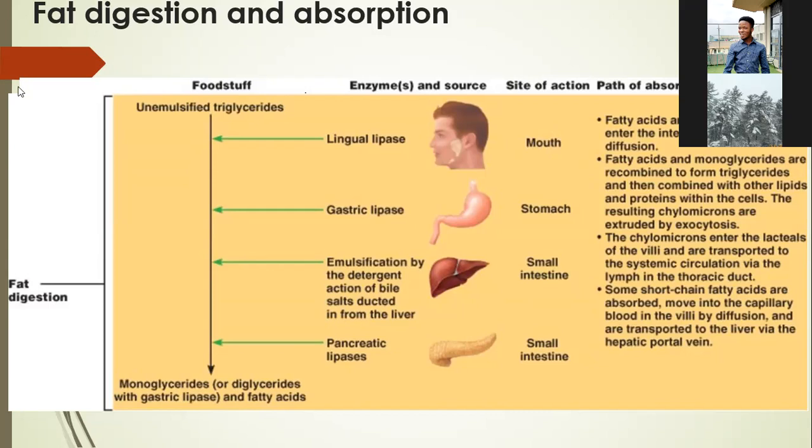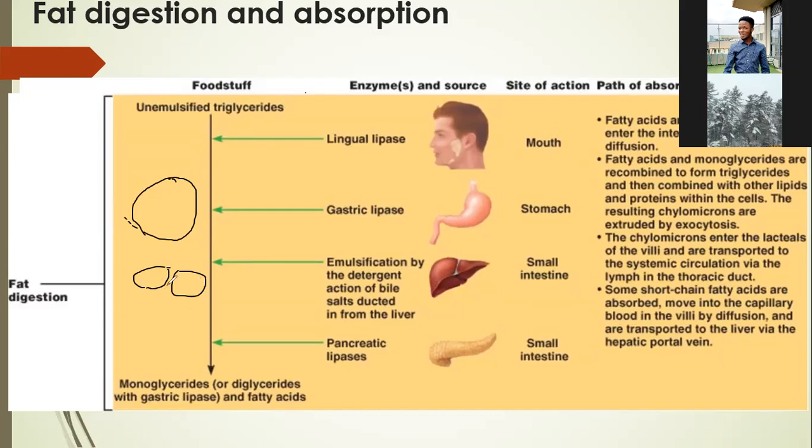To do this, we need bile salts, which act like a detergent. What does a detergent do? I don't know whether this will allow me to draw, but when we have a big chunk of fat like that, and you slash it physically to get two smaller chunks, or even oil, if you have a very large droplet of oil and you split it physically, you get two droplets of oil.